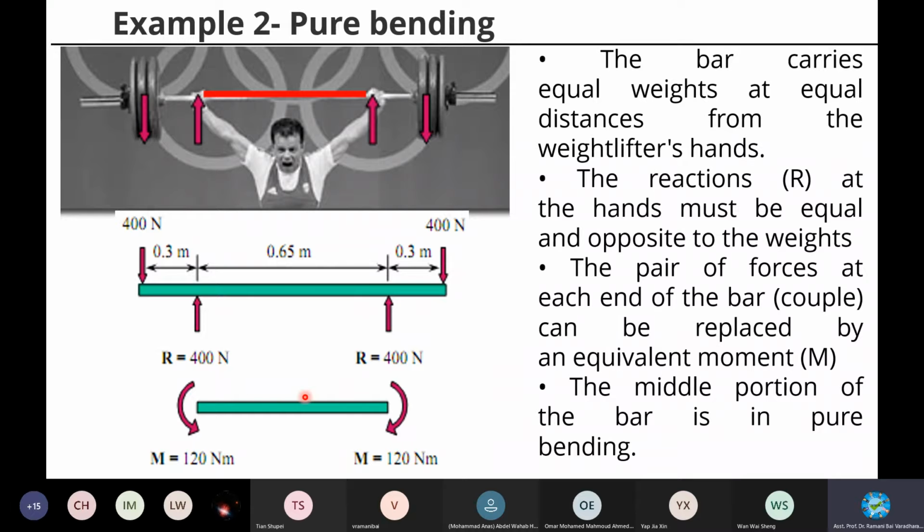Another way of loading is to change the same load into a kind of twist or rotation, a couple equal to 120 newton meters at the ends. You multiply force into distance to get the moment at this point.